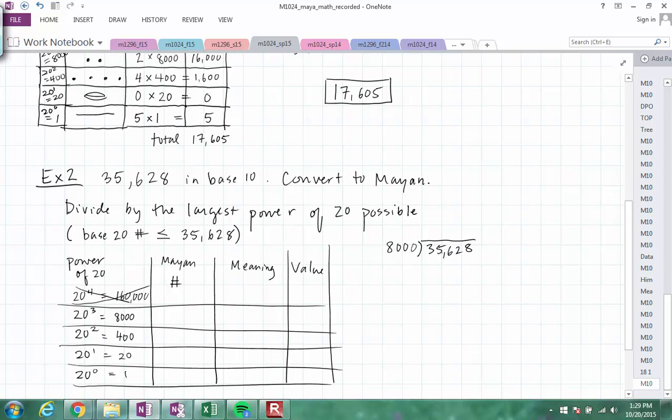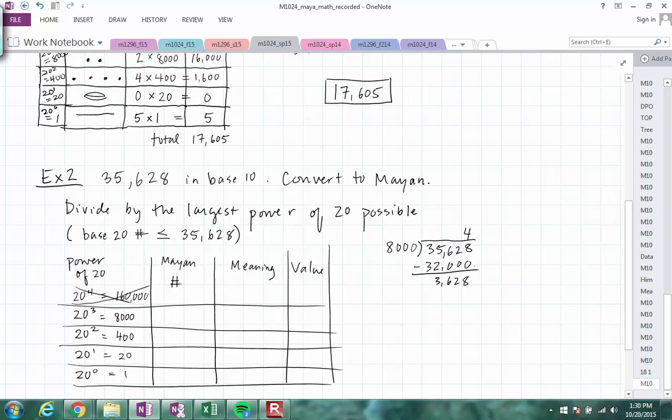But you can use this to help you see how many whole parts go into 35,628 out of 8,000. If you do that division, you get 4 point something. Again, we don't use the decimal part for anything in these. We just take 8,000 times 4 to get the whole part, 32,000. And then we subtract. We get 3,628.